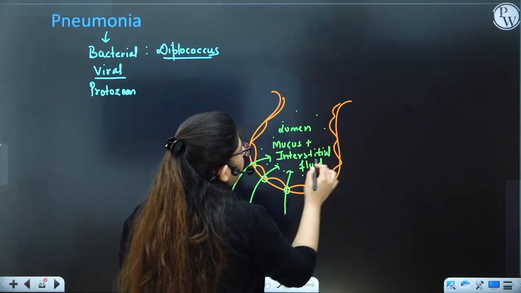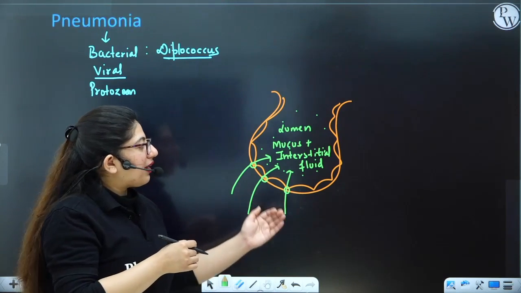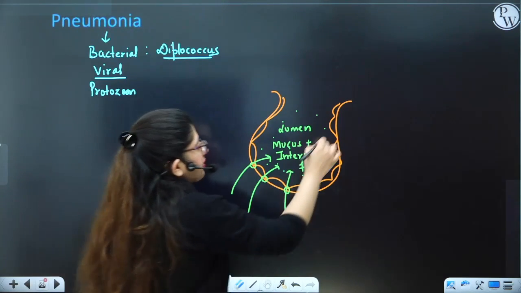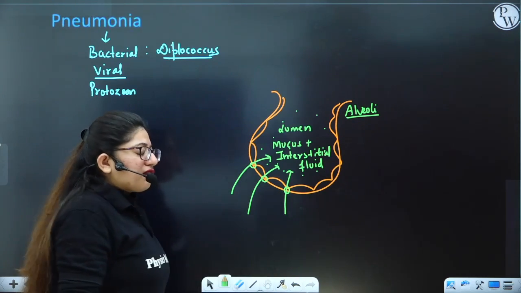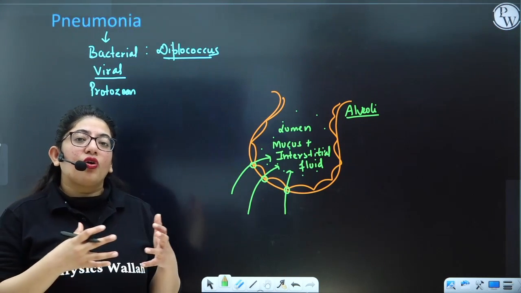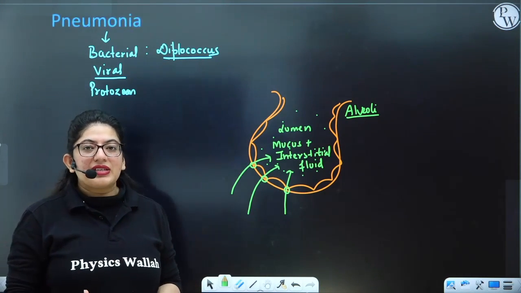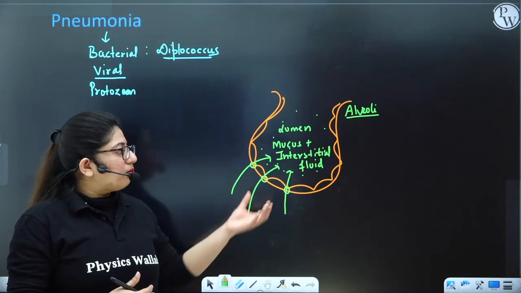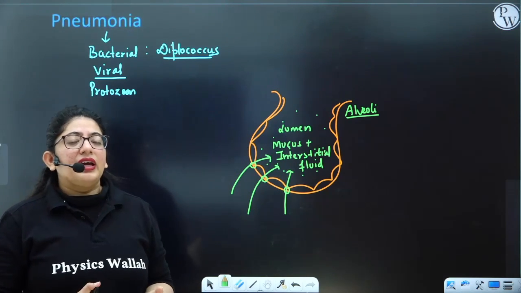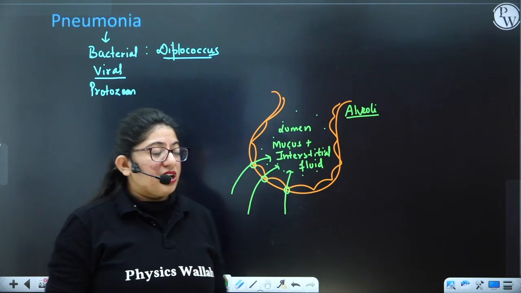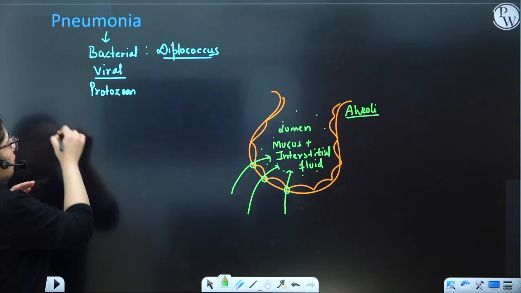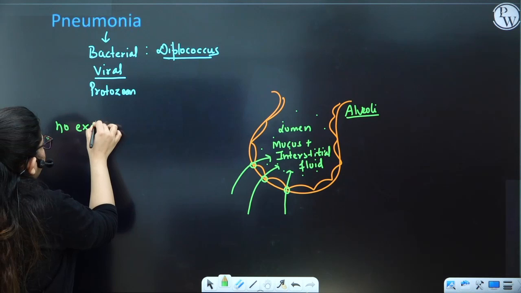Because here the air will come, the gases will come, and the exchange will take place. What is this? This is alveoli. In the alveoli lumen, there should be no fluid. If there is fluid, the gases will not be there, or it will be difficult for the gases to be here. Or you can say, if there is fluid, no exchange of gases can take place. As a result, there is no exchange of gases.